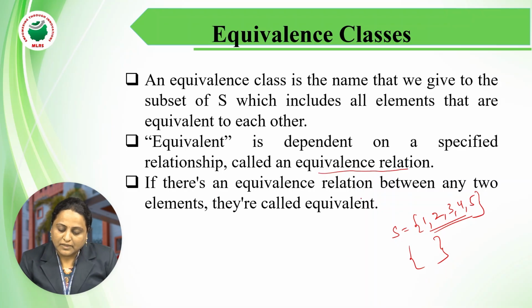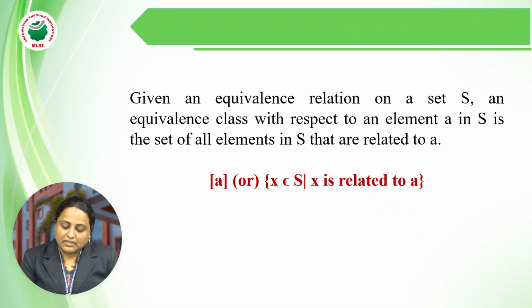So if there is an equivalence relation between any two elements, then both elements are called equivalent. Now that is the definition of equivalence class. You can see, given an equivalence relation on set S, you are going to form an equivalence class with respect to an element. For every element in the set, you are going to form the equivalence class.